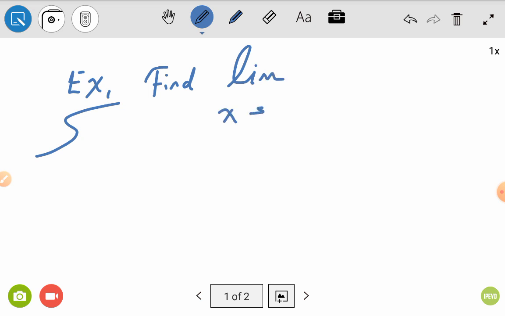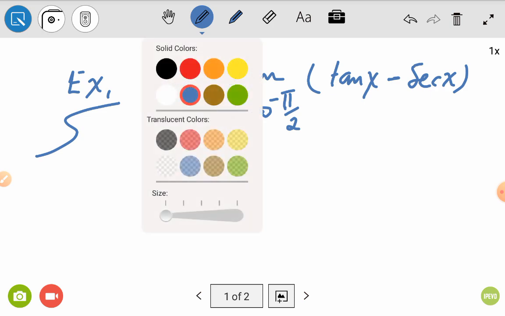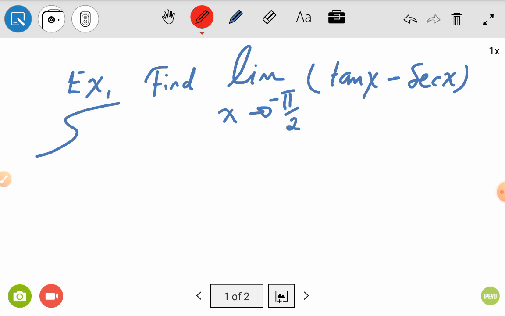as x approaches negative pi over 2 of tan x minus secant x. Okay, direct substitution here.